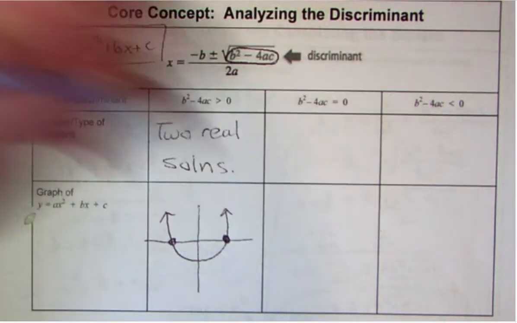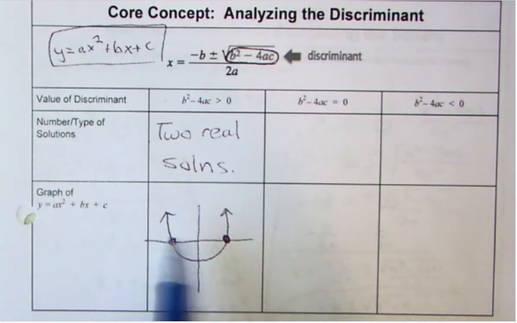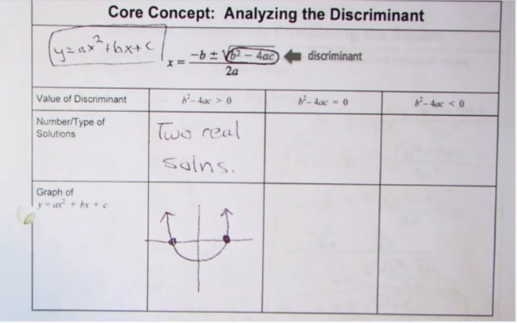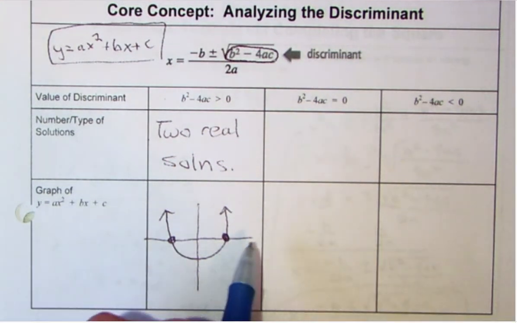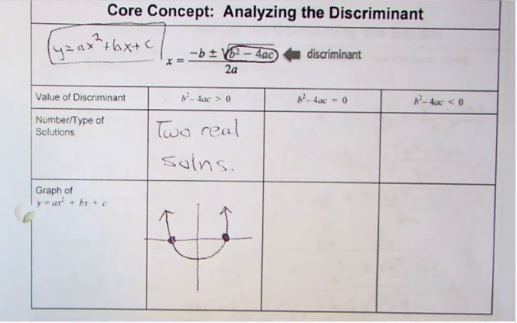They could both be on one side, and that's okay. It's also very possible that our parabola could be upside down, and then once again both could be on one side or the other, or split like that. So that's one way we can analyze the discriminant, just to determine the number of solutions that we have.